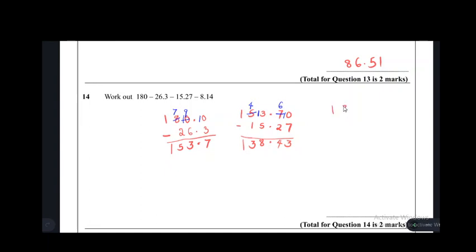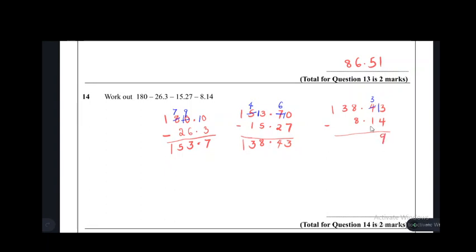So 138.43 take away 8.14. So I'm gonna subtract that. 3 take away 4 is not possible, so I'm gonna borrow 1, remain 3, gets to 13. 13 take away 4 becomes 9.